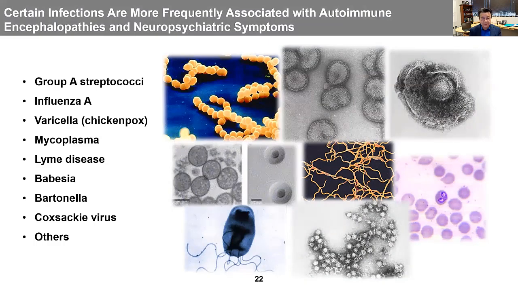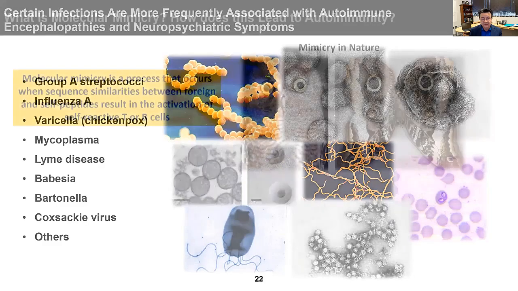And these include strep, obviously, for PANDAS, influenza, chickenpox, mycoplasma, Lyme, and other tick-borne disorders such as Babesia, Bartonella, even Coxsackie virus and others. And there's even reports of SARS-CoV-2 triggering this. So why do these certain infections have some type of association with that?